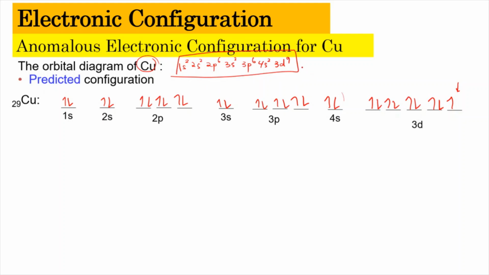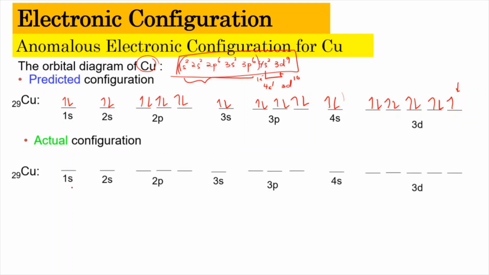But in actuality, what's going to happen is one of the electrons in the 4s orbital is going to be transferred into the 3d orbital. So we're going to get 4s1 and 3d10. And this area here, similarly like before, is not affected.